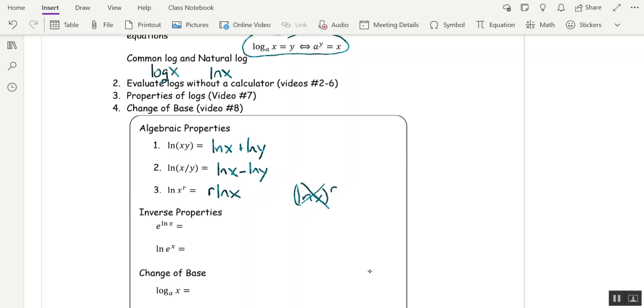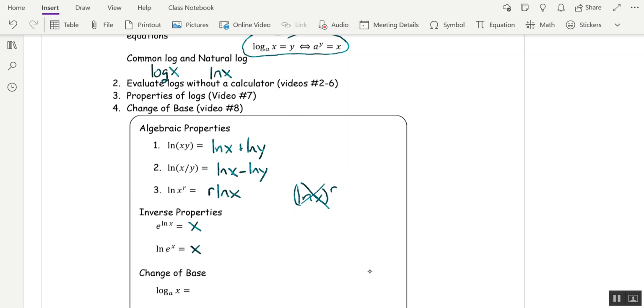Inverse properties of logarithms, logs and exponentials are inverses. I'm only going to state the inverse properties for natural log and e. So e to the ln x is x, and ln of e to the x is x. So exponentiating with base e undoes logarithm.